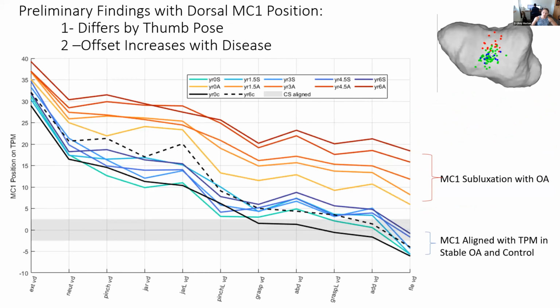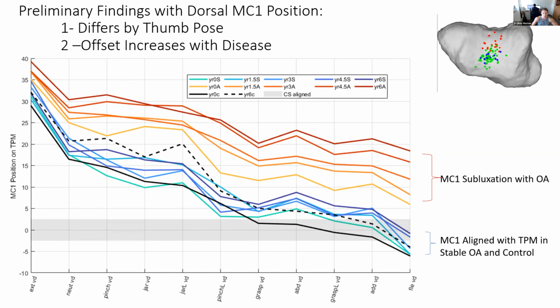When we examine the MC1 positions across all 11 poses acquired in CT scans, annotated on the x-axis, we readily observe, one, that the MC1 position on the trapezium differs by thumb pose. The magnitude of the MC1 position offset on the trapezium is different for each pose.